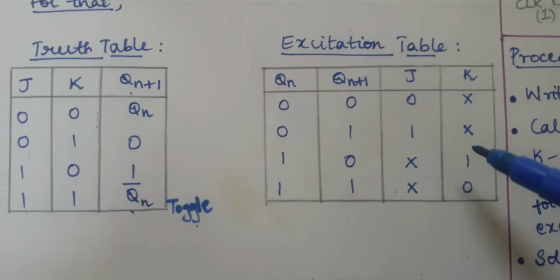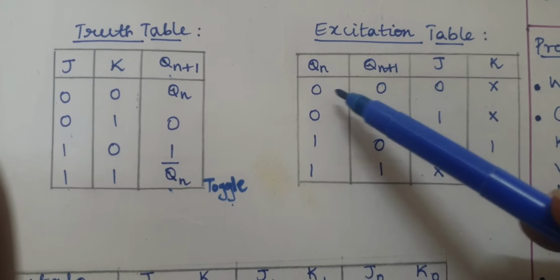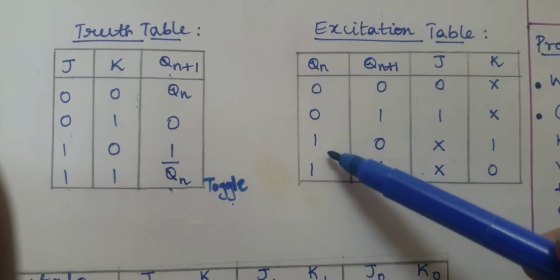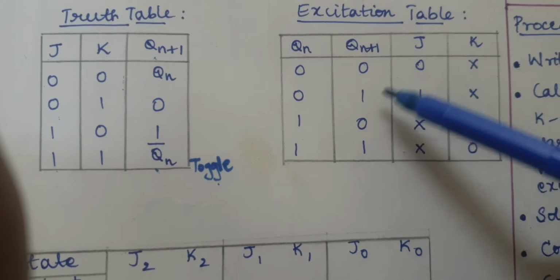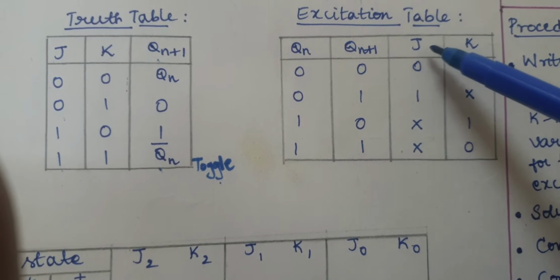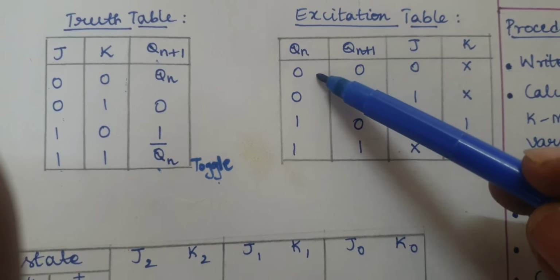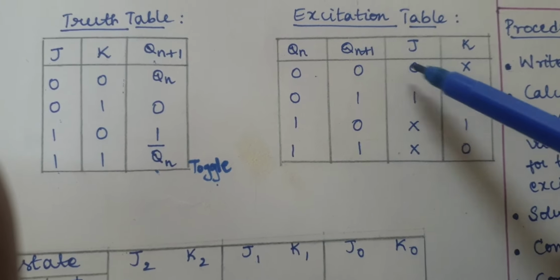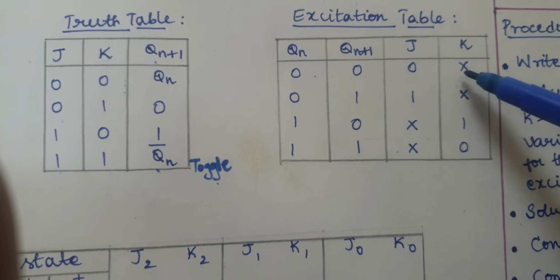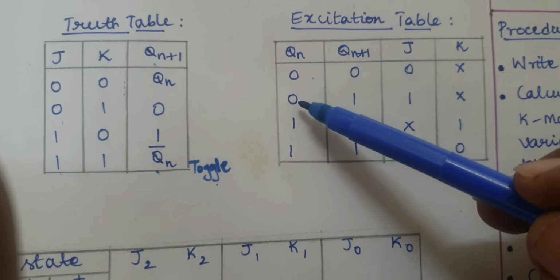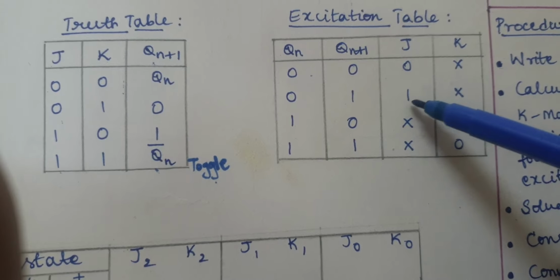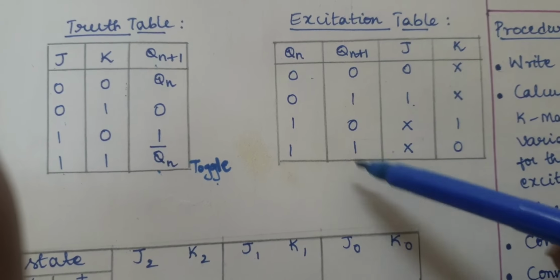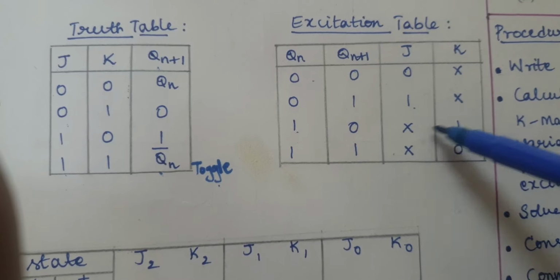Excitation table of JK flip-flop: Qn is my present state, Qn plus 1 is my next state. What is my value for J and K? For 0, 0, J and K is 0, don't care. If my present state is 0 and next state is 1, my JK value is 1, don't care. If it is 1, 0, it is don't care, 1.